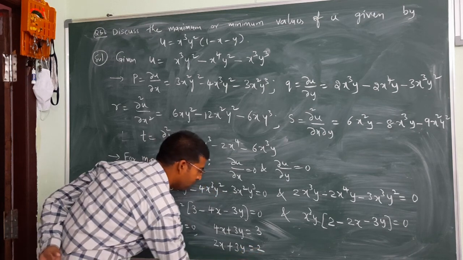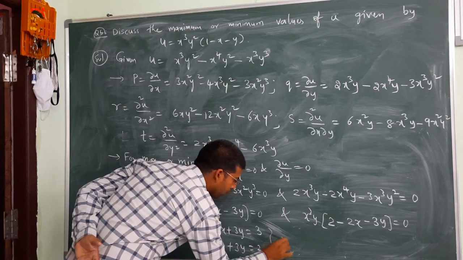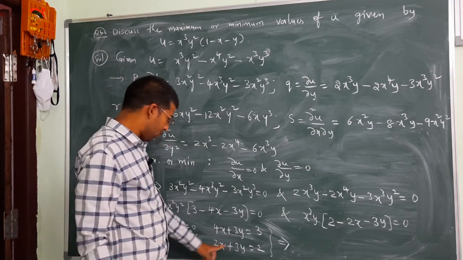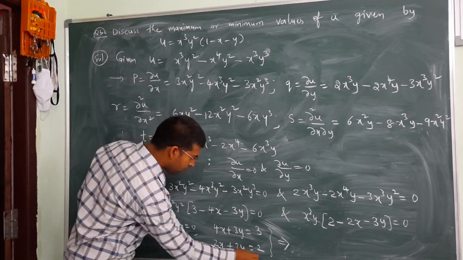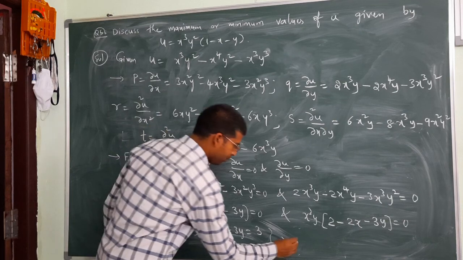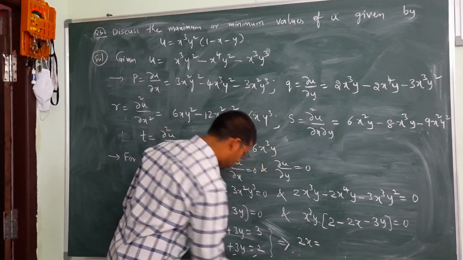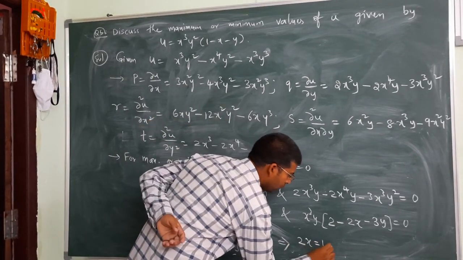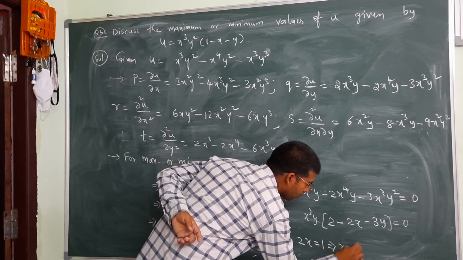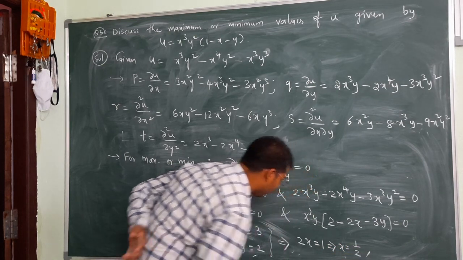Now if I solve these two, from these two what am I getting? Subtract: minus, minus, minus, here 2x is equal to 1, so that implies x equals 1 by 2.